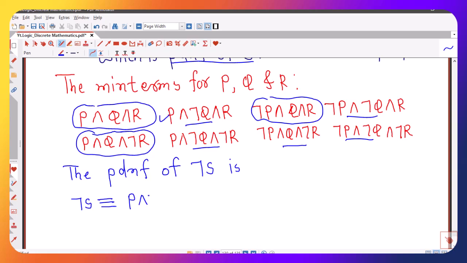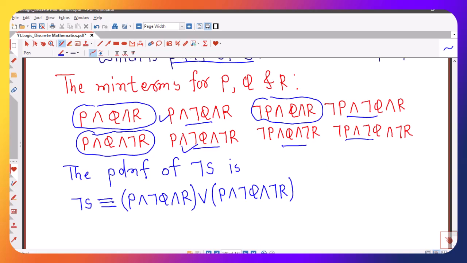I am writing the disjunction of remaining min terms: P and negation Q and R, or P and negation Q and negation R.